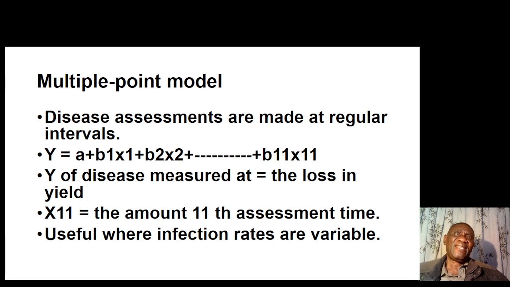It could be the number of spores present, temperature, rainfall, soil type, etc. Whatever factors which we think could be useful in predicting the yield loss. So there may not be any need to sort of memorize this multiple regression model.